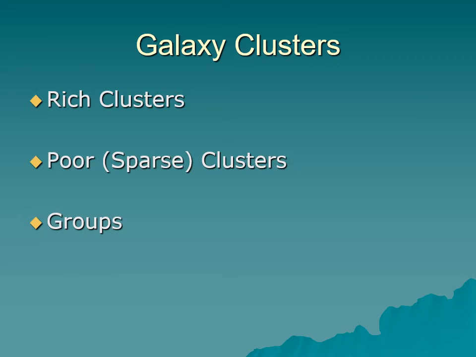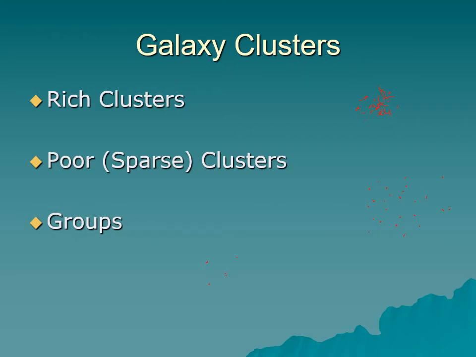Some galaxy clusters are very compact, with a lot of galaxies all over the place, and we call those rich clusters. Some galaxy clusters are pretty big things with lots of galaxies in them, but they're all pretty far apart. Those are sparse clusters. And a few of them are just a handful of galaxies clumped up near each other, and we call that a group.